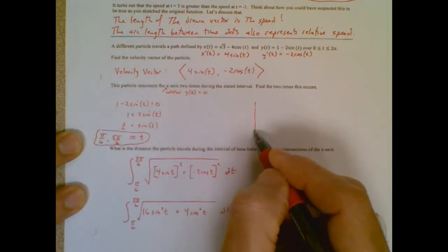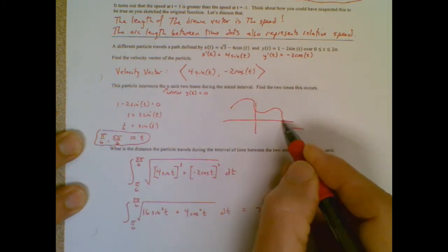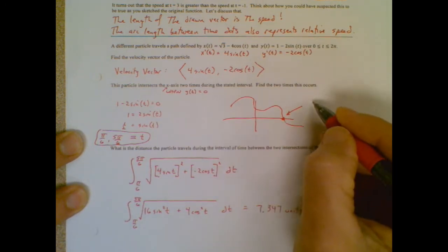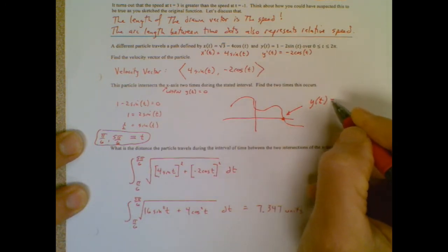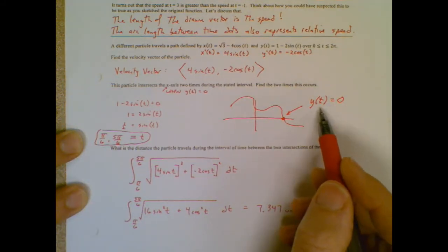One thing you should remember, if a particle is dancing around and intercepts the x-axis, it would intercept the x-axis when the y portion of the position vector was 0.